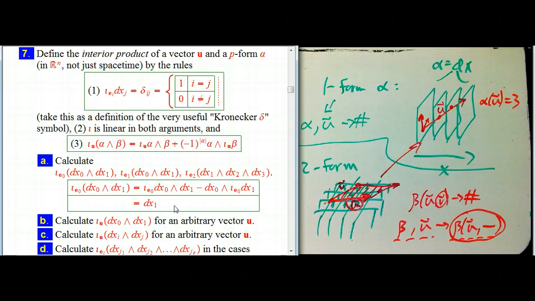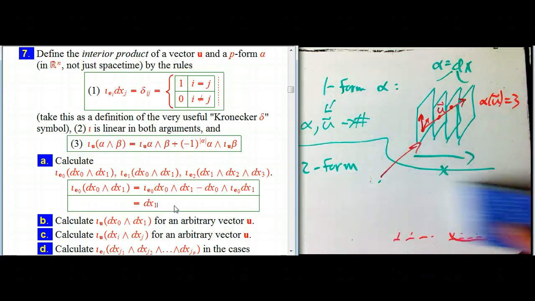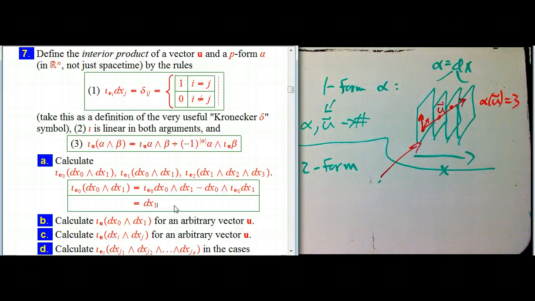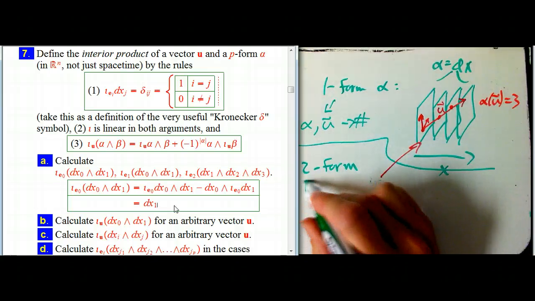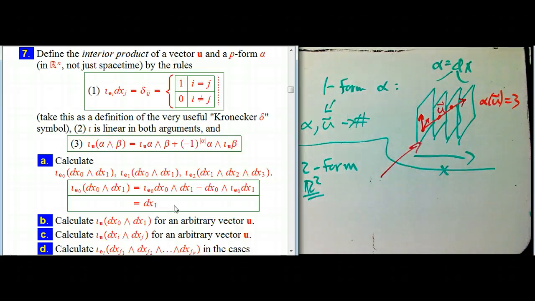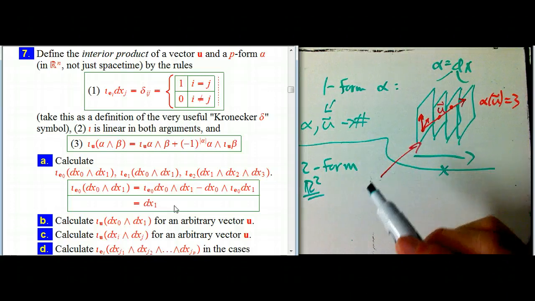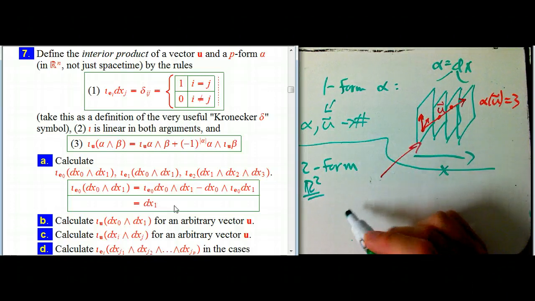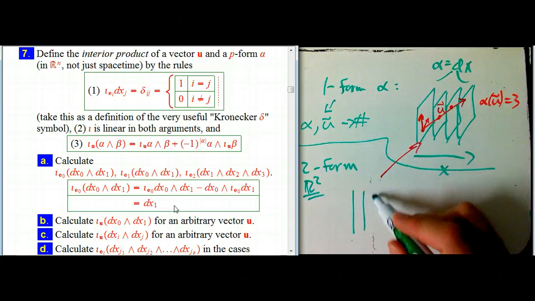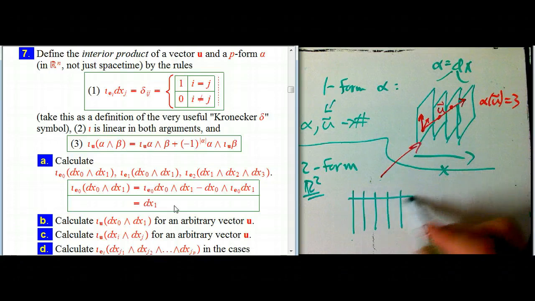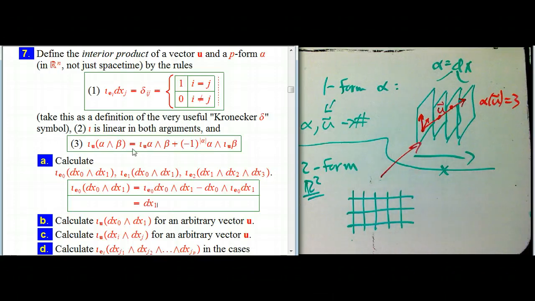Okay, let's see if that fits with the picture over here. Let me redo the picture. Suppose we do it in just R2, because it really is almost the same in any dimension. In R2, here's a picture of dx0 wedge dx1. Because I'm so used to starting with 0 in these recent ones, I went ahead and started with 0 here, thinking of this as space-time, but it doesn't really have anything to do with space-time versus space.